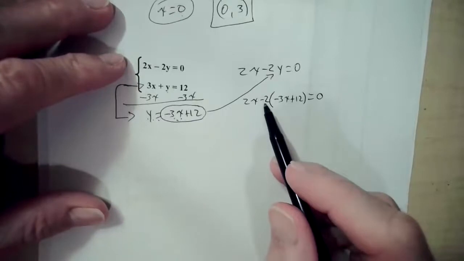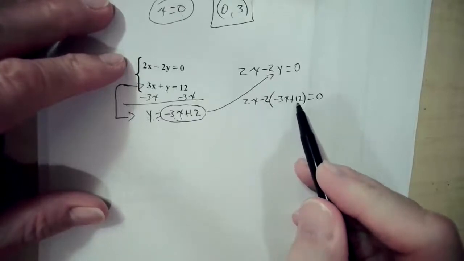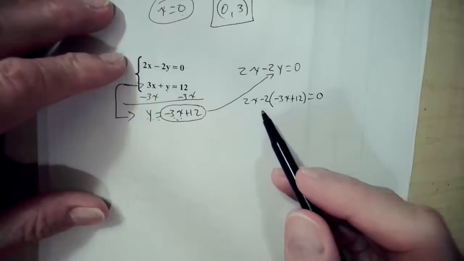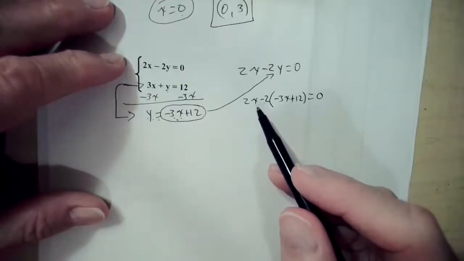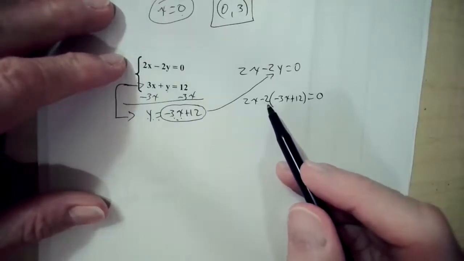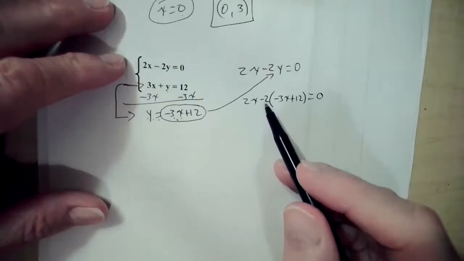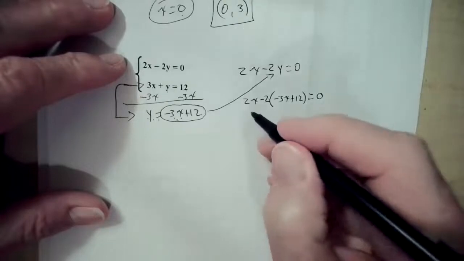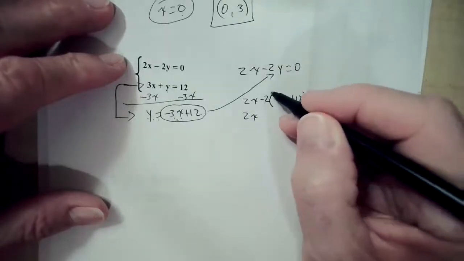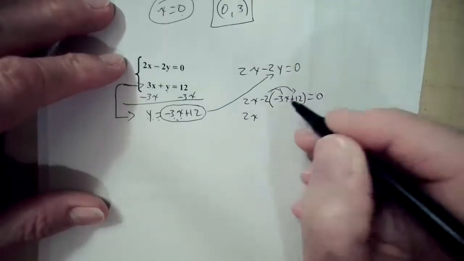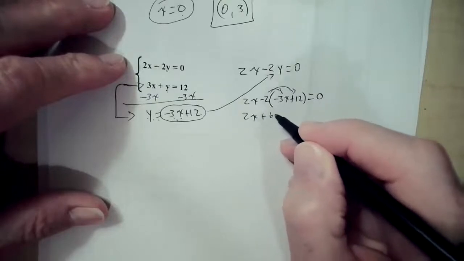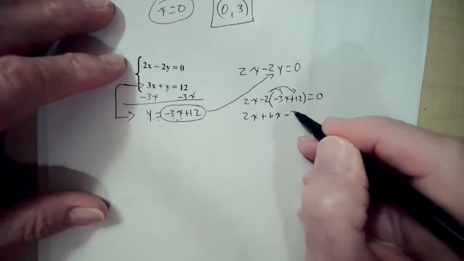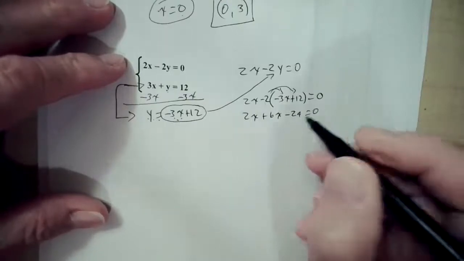Okay, now we're going to distribute the negative 2 over everything in here. If you get to here and you can't figure out what in the world am I going to do here, you just look at it and say, what can I do? About the only thing you can do is multiply the negative 2 times everything in here. We get 2x, negative 2 times everything over here, plus 6x minus, what is it, 24?